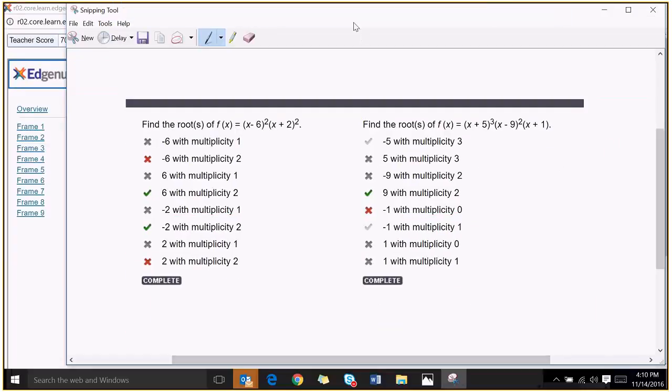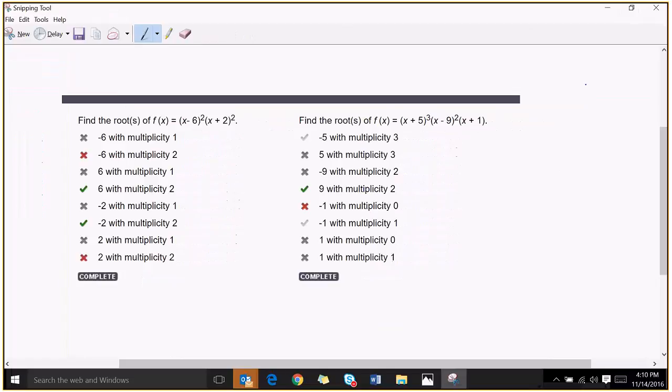All right. So a root, as I explained before, is actually a zero of the function. So in this first example, where it says x minus 6 squared and then x plus 2 squared, that means x minus 6 times x minus 6 times x plus 2 times x plus 2. Does that make sense?